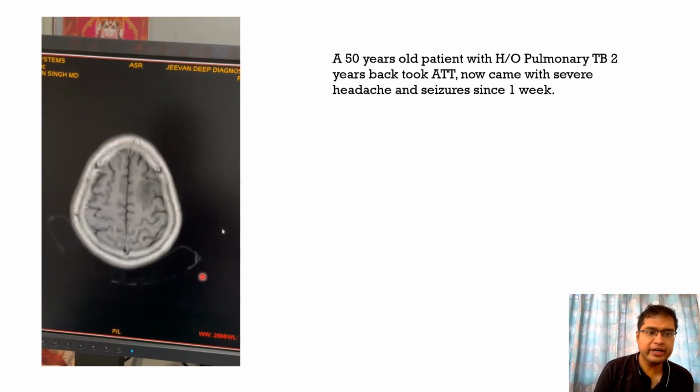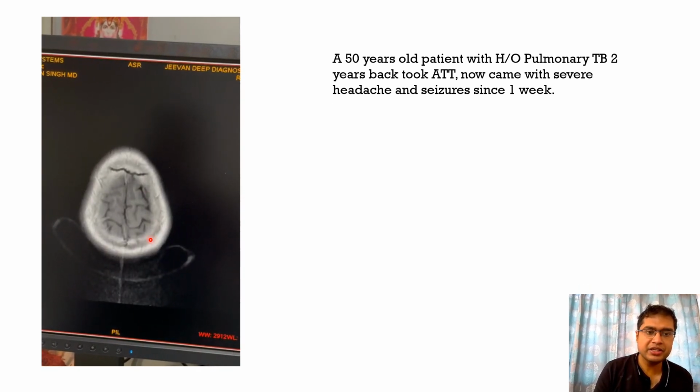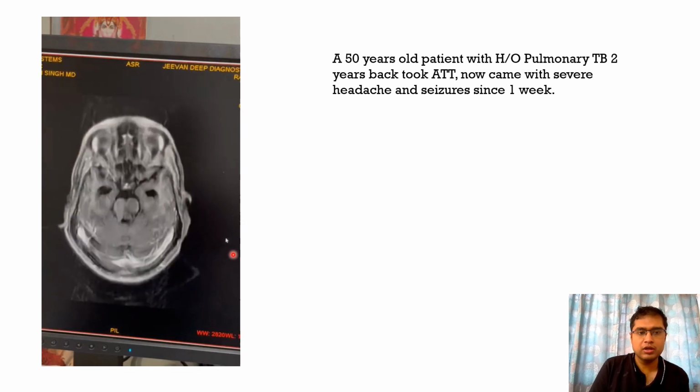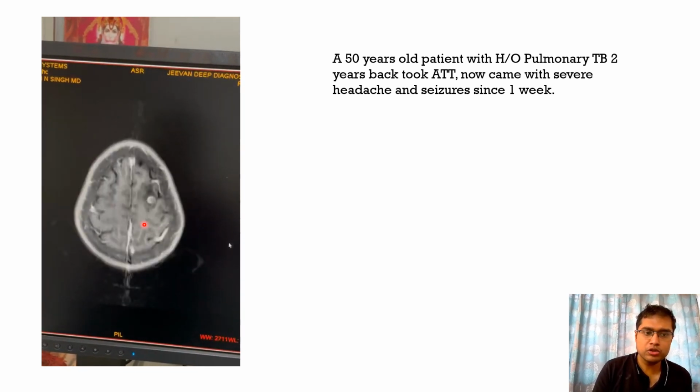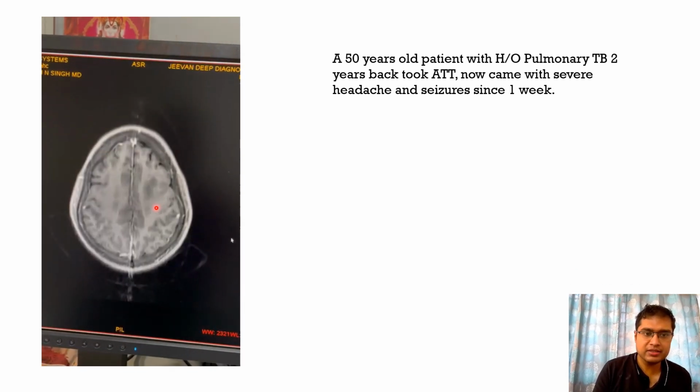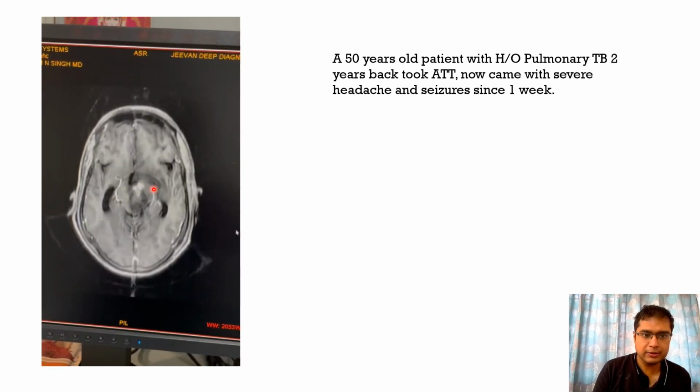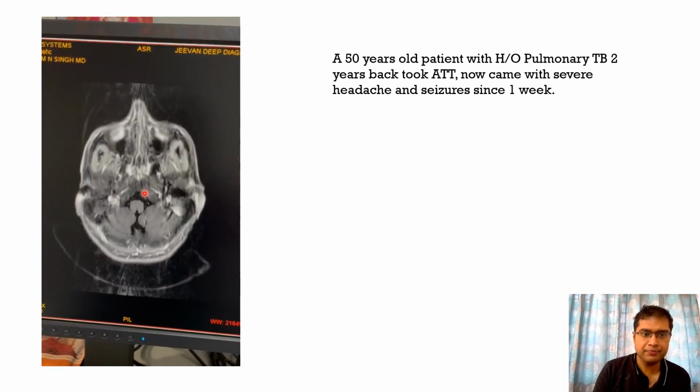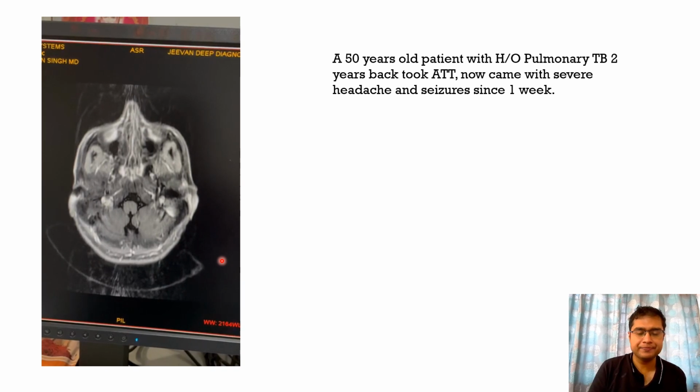This is the T1 weighted images axial section, where we can see that the lesion is again isointense to the gray matter. This is the post-contrast T1 weighted images, where we can see this frontal lesion as well as the lesion in the thalamus and the brainstem, which is peripherally enhancing.